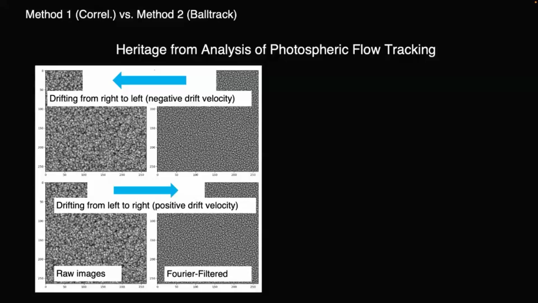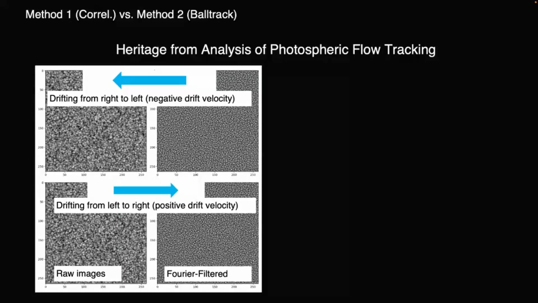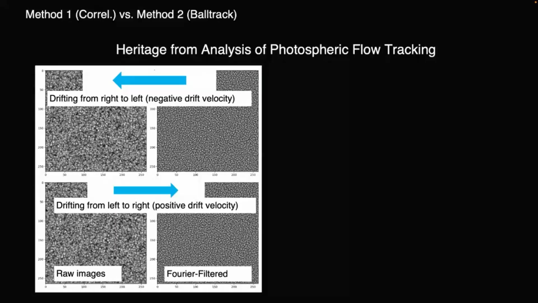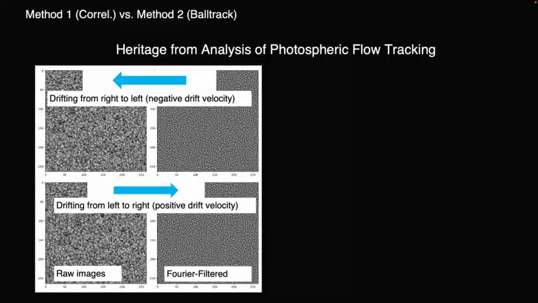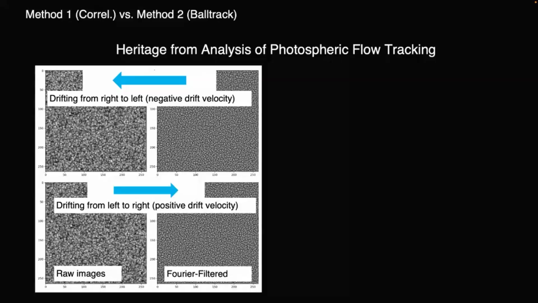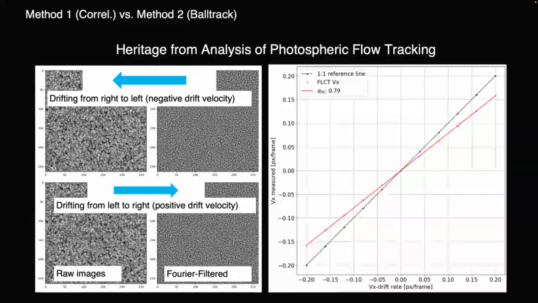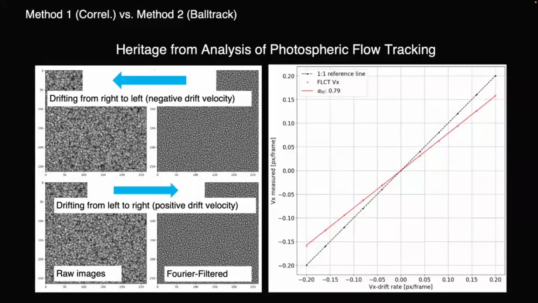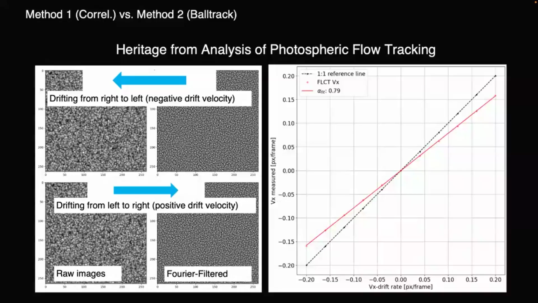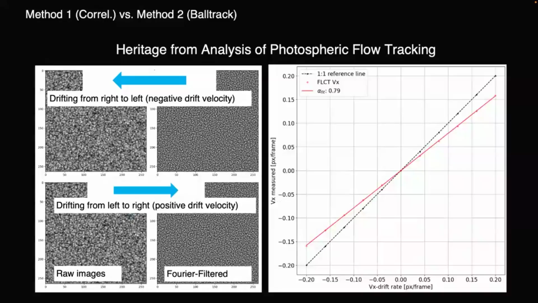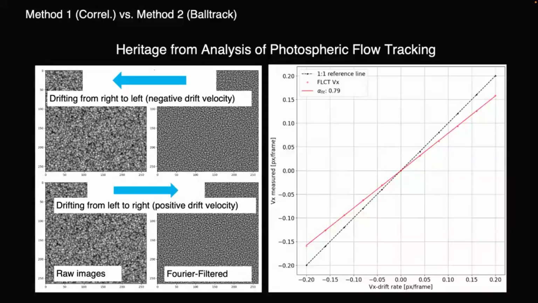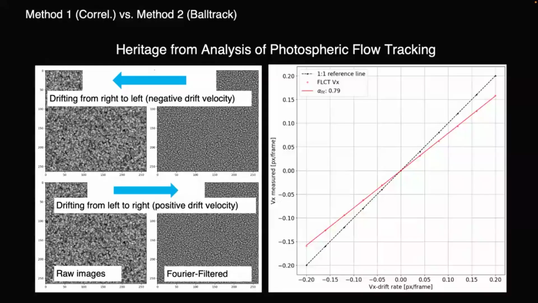The same kind of systematic differences can be easily corrected. A very simple way to do that is to impose a known drift on the image series and make a fit of that. And luckily, the response of the algorithms to these drifting data series is linear. So you only need to correct by a simple linear multiplication factor.